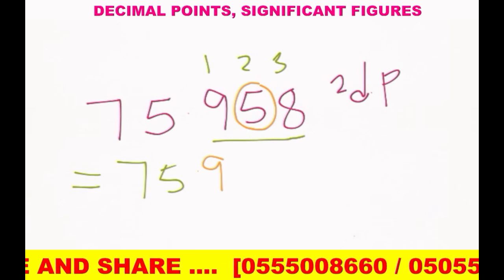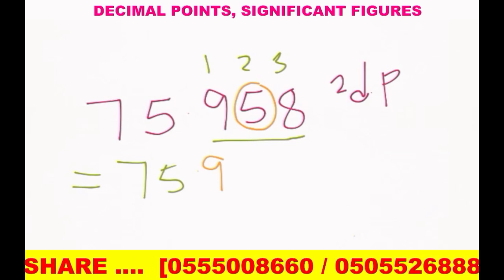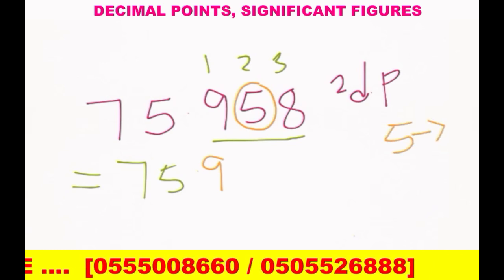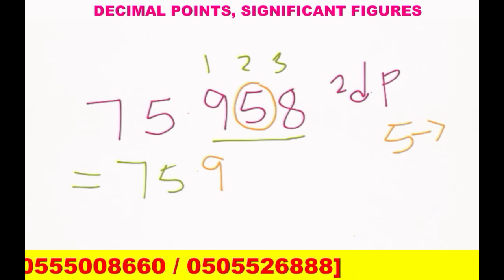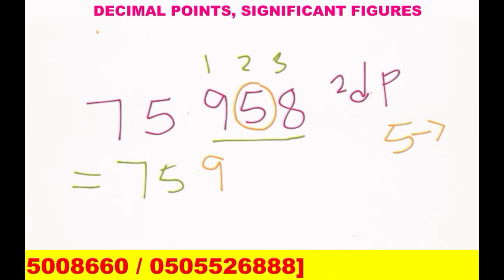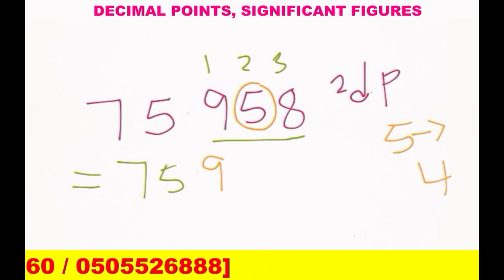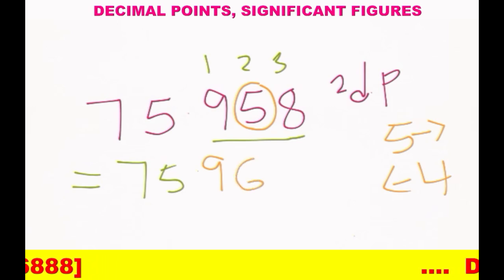So what should we do? Let's check the number at the third decimal place, which is 8. I told you, if it is 5 or more, you take 1 from it and add to the second decimal position. And if it is 4 and below, you just throw it away and maintain the other numbers. So for this one, our answer will be 9, 6.